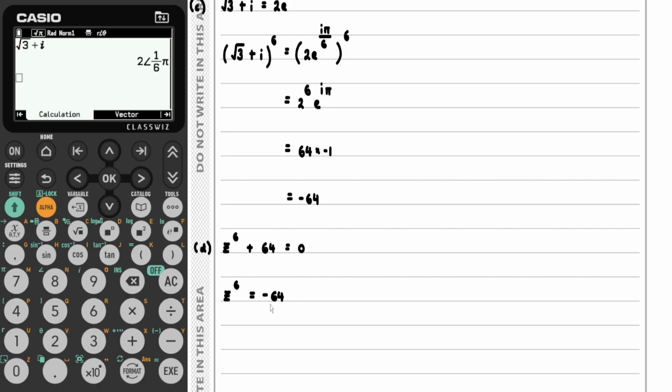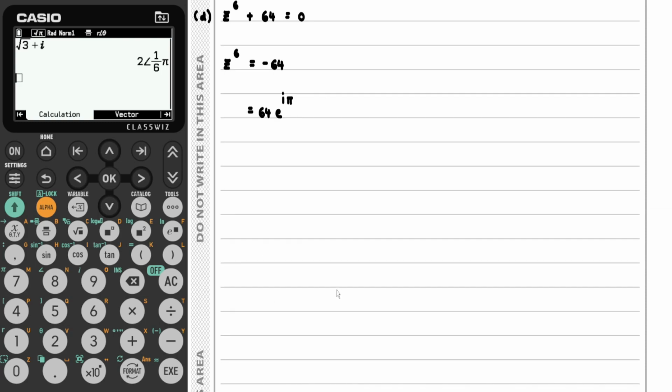And recognizing that minus 1 is the same as e to the i pi, this is equal to 64 e to the i pi. Equivalently, this is the same as 64 times cos pi plus i sin pi.